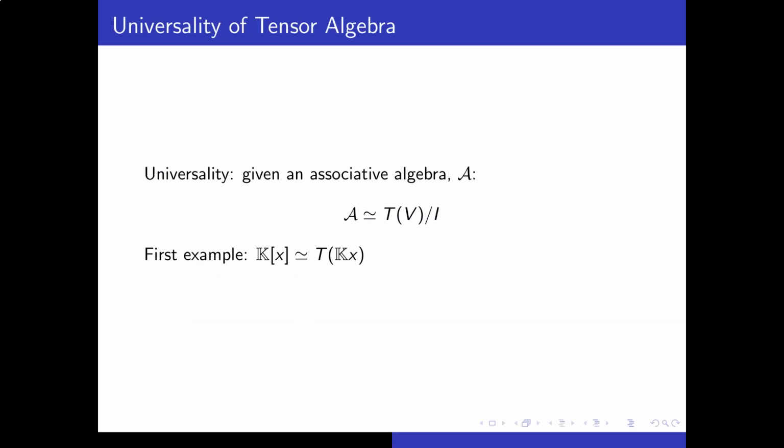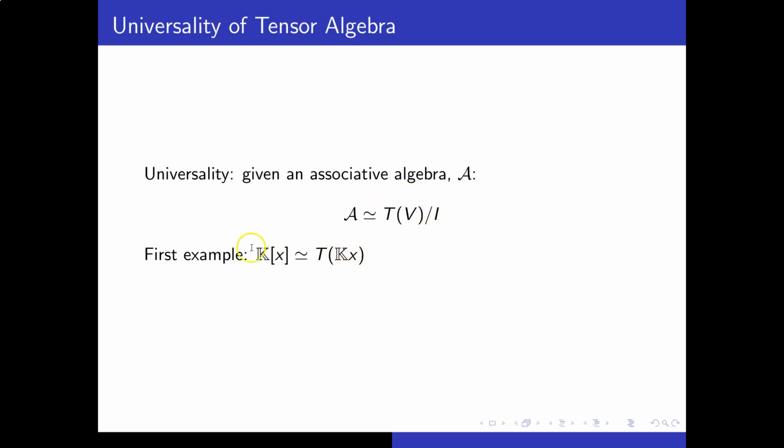The tensor algebra itself is not tremendously interesting because it's free. But what's interesting about it is that when you're given an associative algebra A over a field K, you can usually find a vector space V such that A is isomorphic to the tensor algebra modulo some ideal.